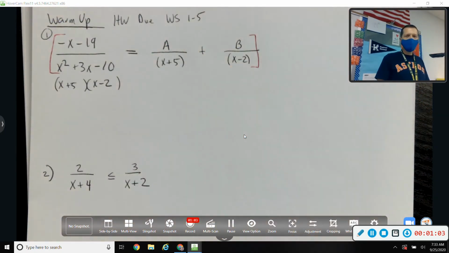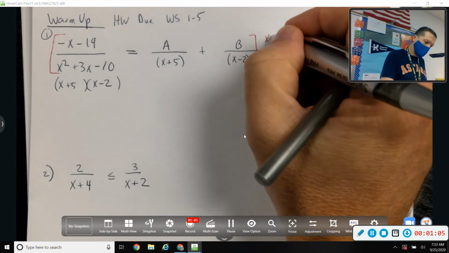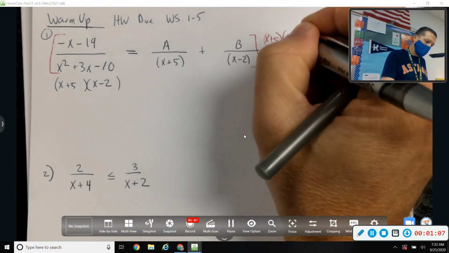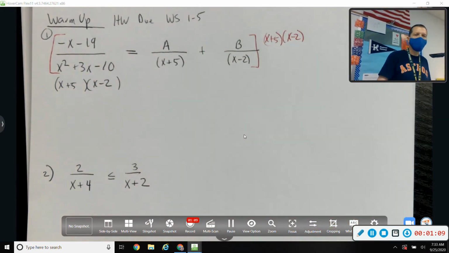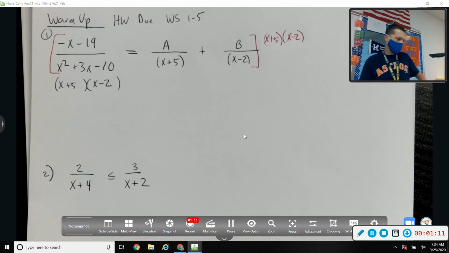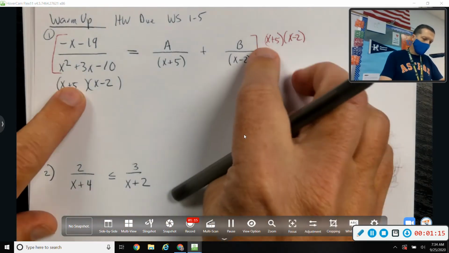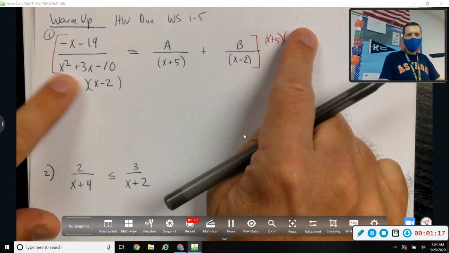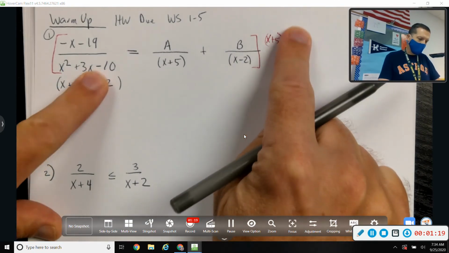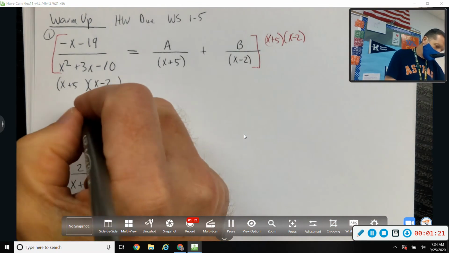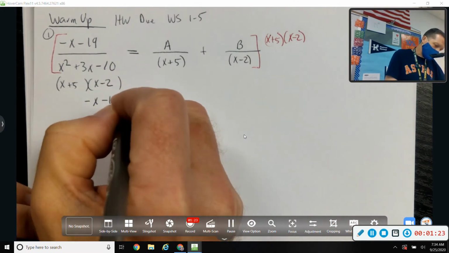So we'll multiply everybody by x plus 5 and x minus 2. So when we multiply the left by both of those, they both cancel. That's the whole point of multiplying by both of them. The x plus 5s cancel, the x minus 2s cancel. And we're left with negative x minus 19.